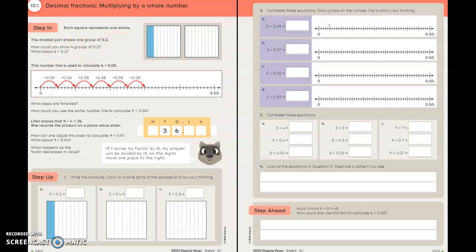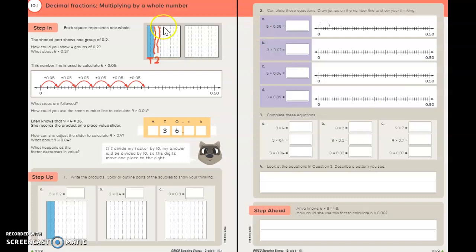To show that, I'm going to use the pen tool. Here's one group of 2/10, and they want me to show 4. So to do that, I would have to shade in another piece. Here's my second group of 2/10. Remember, here was my first, here's my second. I'm going to change the color so it's easy for you guys to see.